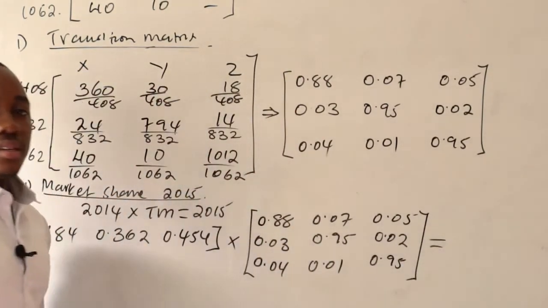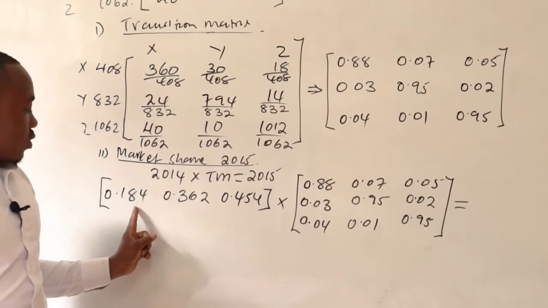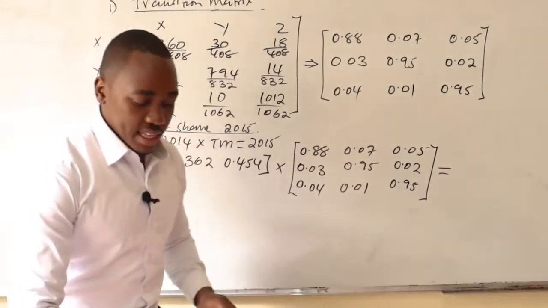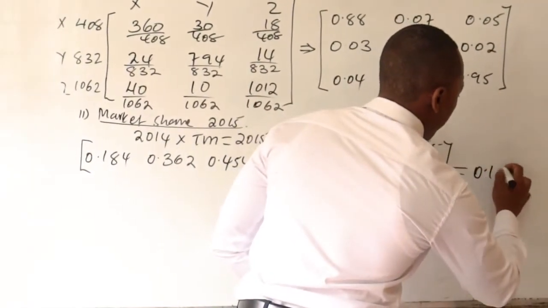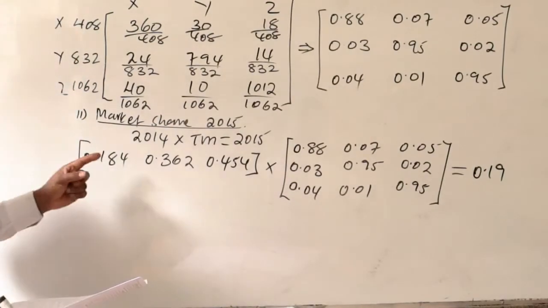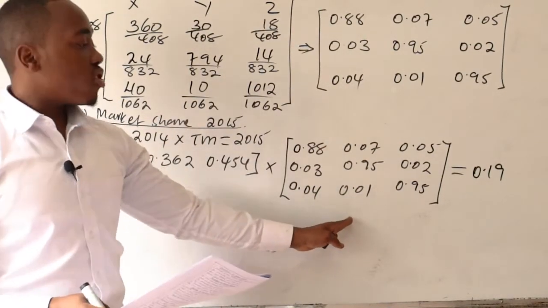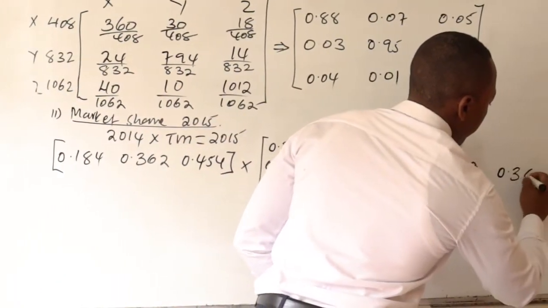So let's get that. First row, first column rule. You do first row, first column, and you get the market share. That means for X you'll get 0.19. For Y, it will be first row multiplied by the second column, and you get 0.36.